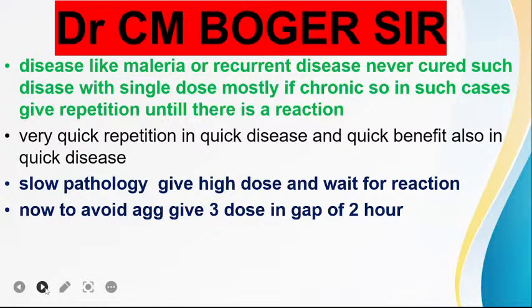He said that in my clinical experience, those diseases which are recurrent in nature. Now what disease can be recurrent? Malaria, typhoid. He said that in such cases I have not found so much cure with a single dose.